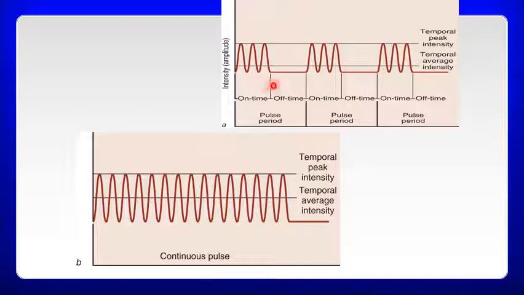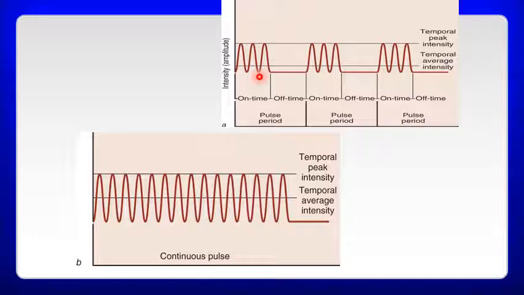Over here, you're looking at a pulse treatment. What a pulse treatment does is it has an on and off time. Most machines will let you pick between a 10% pulse, 25% pulse, and a 50% pulse. So for instance, if you're doing 50% pulsed ultrasound, what that's telling you is for 50% of the time of your treatment, the ultrasound energy will be on.